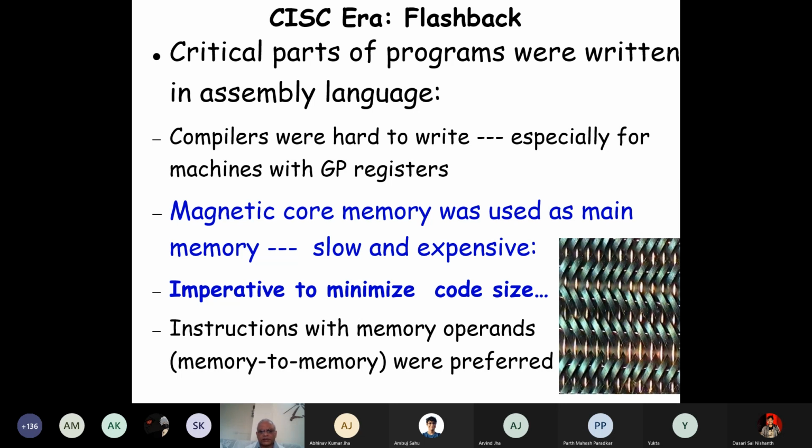This became expensive and slow because you have to change the magnetic orientation of each element that you store. The writing was extremely slow, even reading was very slow. So this was the main memory used. There was no semiconductor memory.